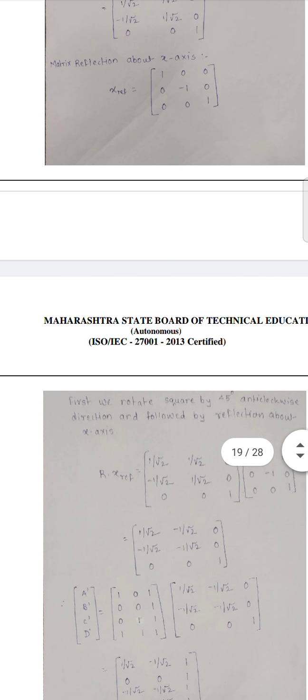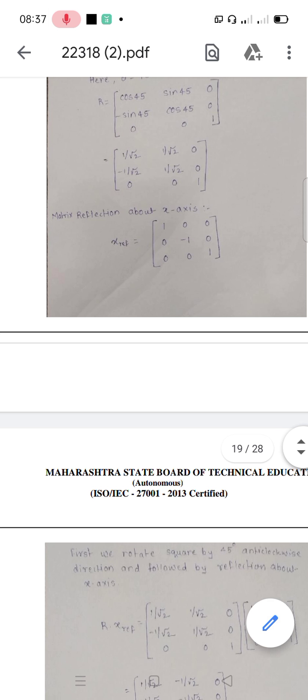Now the important part is what you have to do in a transformation problem. First you have to find out what type of transformation it is, whether it is a singular transformation or a composite transformation. Singular means only one transformation, either rotation, reflection or translation.